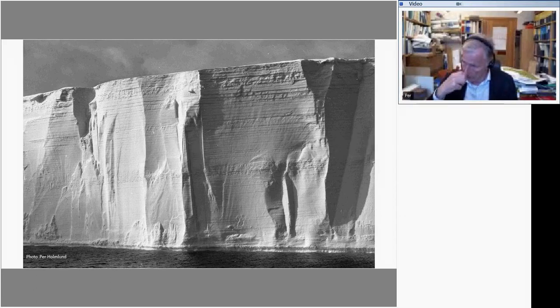In this case, there is no melting on the surface, so everything is preserved. So the content of this snow does really mirror the content of the atmosphere. This is why ice cores are taken from, for example, Antarctica and also from Greenland.